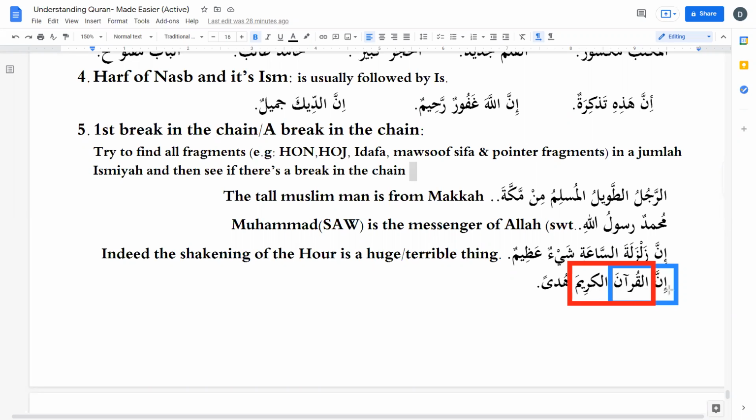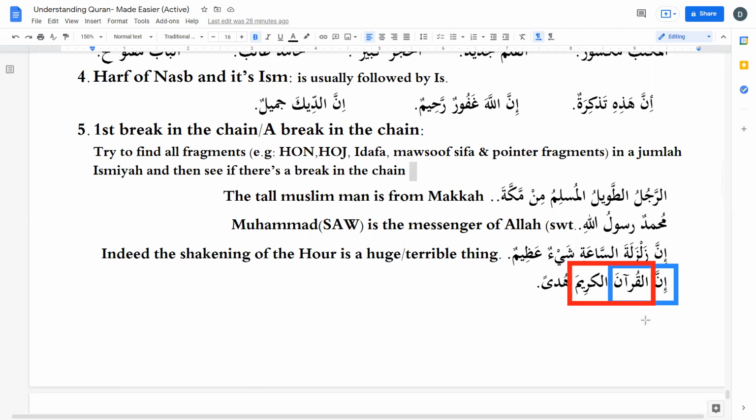So because they are chained together, this whole thing goes in which bucket? Inna and its ism. Yes, mubtada. So this whole chain will constitute the mubtada component, or will go in the mubtada bucket. And then we have hudan, single word, khabar, and it is nakira also, right?